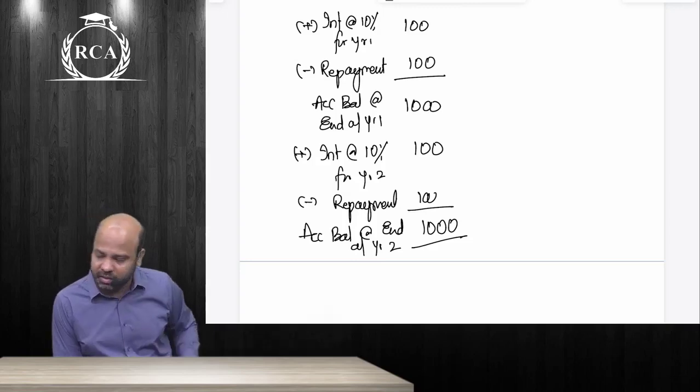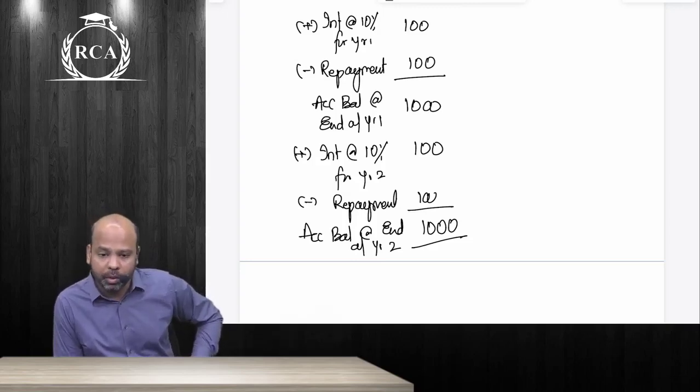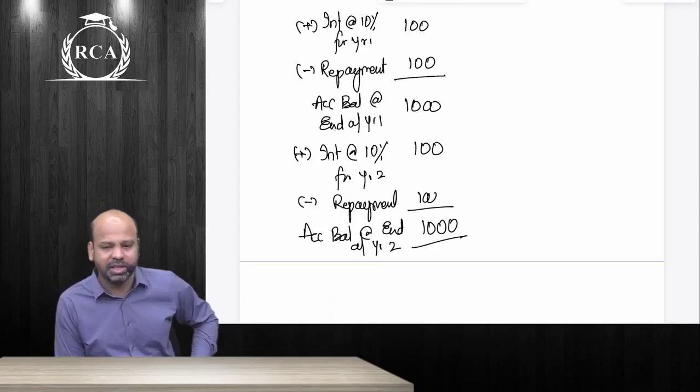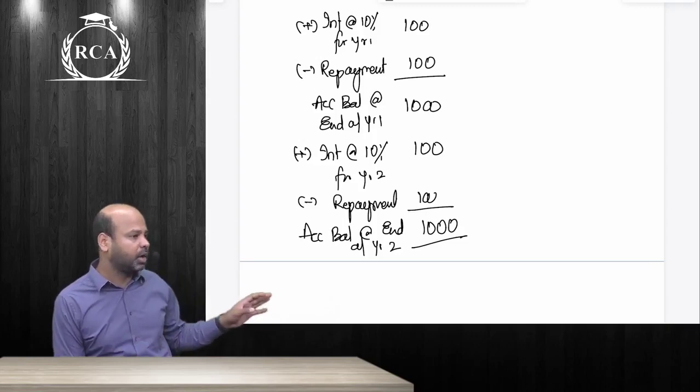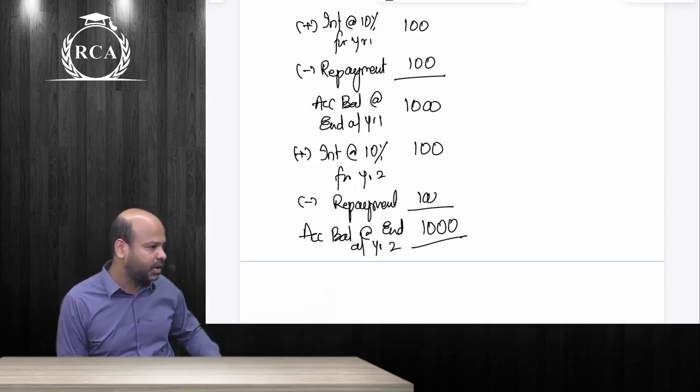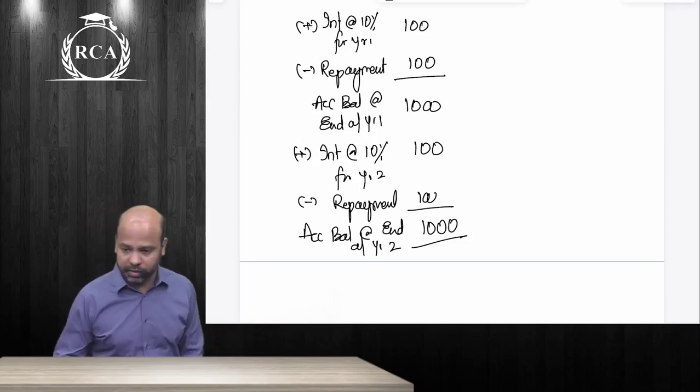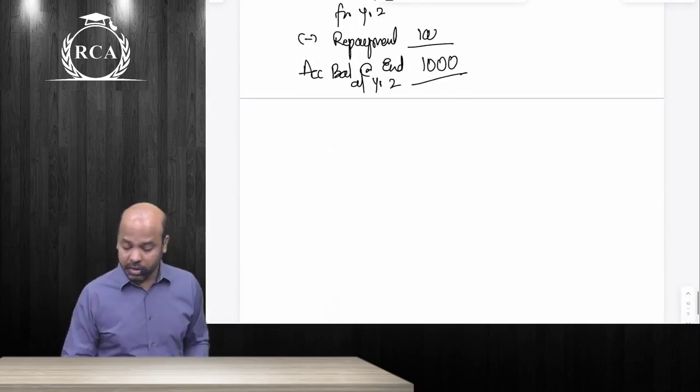But that is still considered to be a case of compound interest. It is not considered to be a case of simple interest. Banks do not charge interest on simple interest basis, but banks will obviously charge diminishing balance, which is by default compound interest. It is not simple interest. Clear, kids?